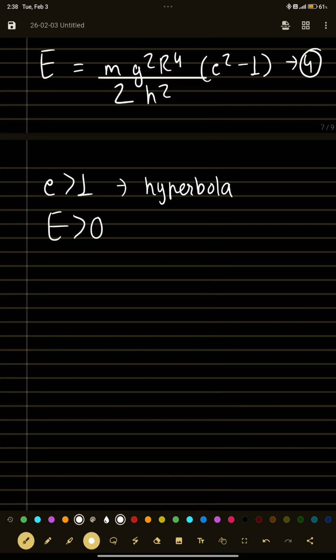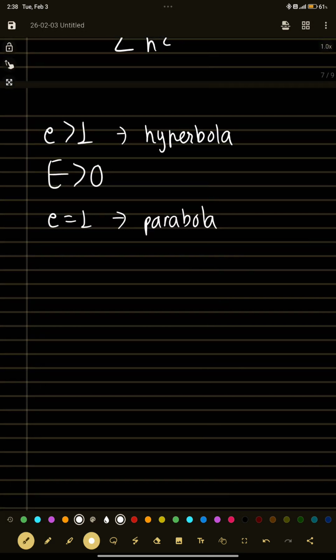For E equal to 1, parabola, when you are having the escape velocity, now dwell on this. Our definition of potential energy was such that at R equal to infinity, the potential energy is 0. That was the definition of potential energy. Now hyperbola says that E will be always positive.